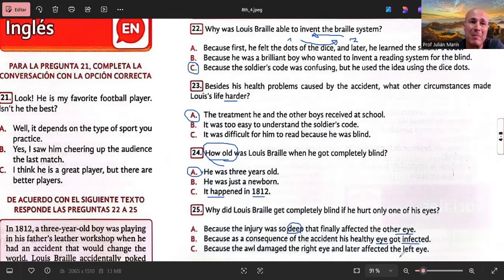This was not mentioned. They mentioned the affected eye and the other eye. They never mentioned if it was the right or if it was the left. So this is also tricky. And over here, they're testing your critical reading. Okay, so very easily we can identify right here that the correct option will be B, sticking to the information that is given in the text.